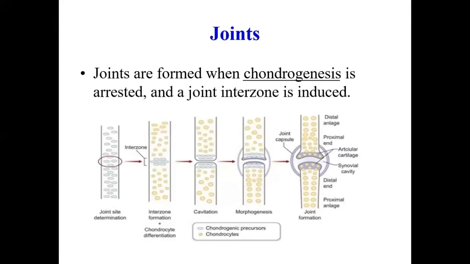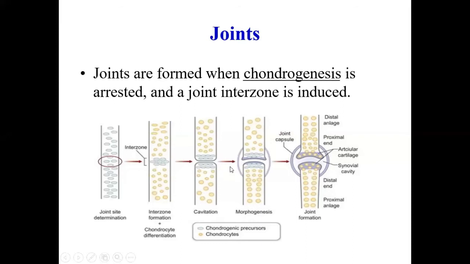Now come to the point of how a joint is formed. Joints are formed when chondrogenesis is arrested in a specific area, and this area is known as the interzone. This is the interzone area where the future joint cavity will be formed. At this area, cell death begins.